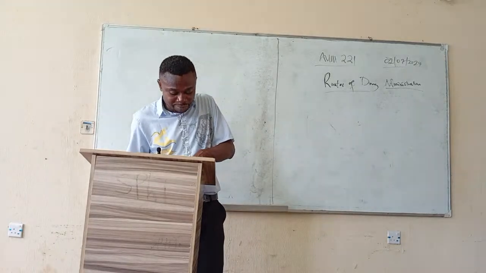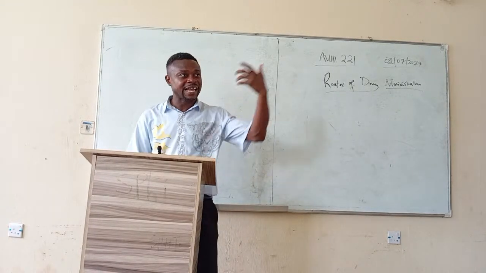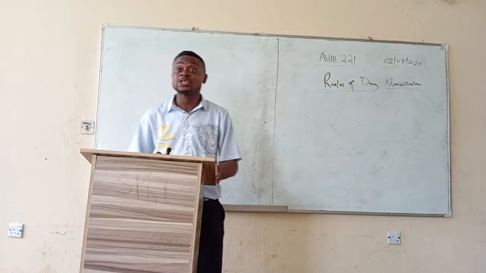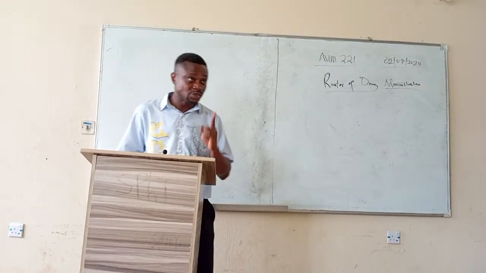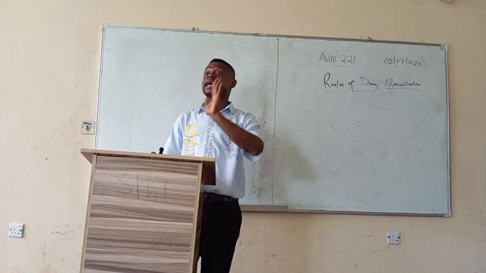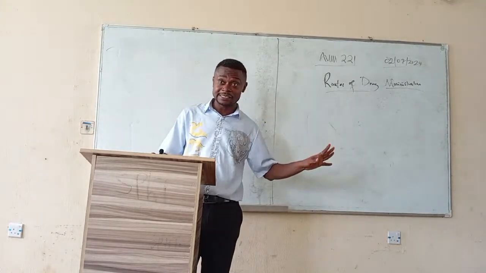So this is how these determine the route of drug administration. Now, another factor is what? The effect of the gastric juice on the drug, and also the first pass metabolism. The effect of the gastric juice on the drug, the effect of the first pass metabolism. You did that extensively in your first year. First pass metabolism, right? Good.